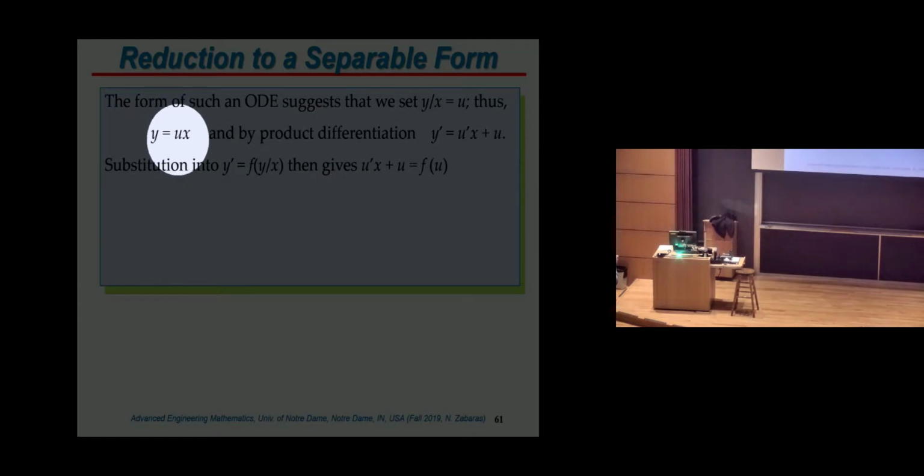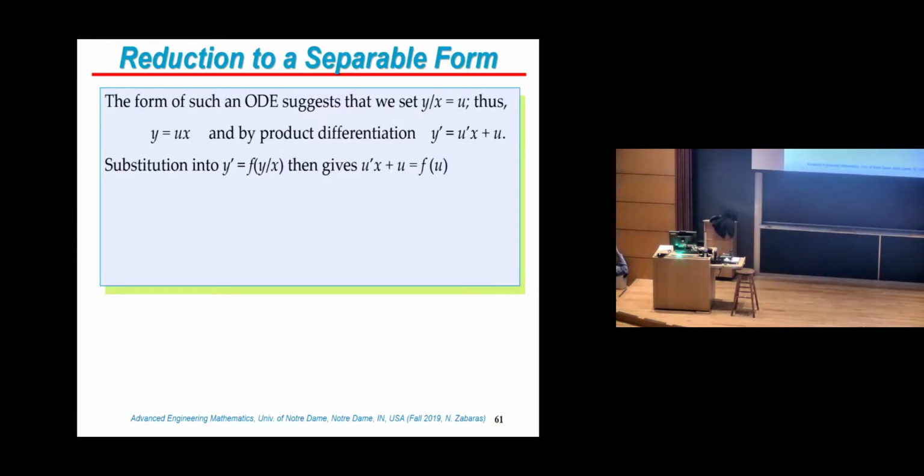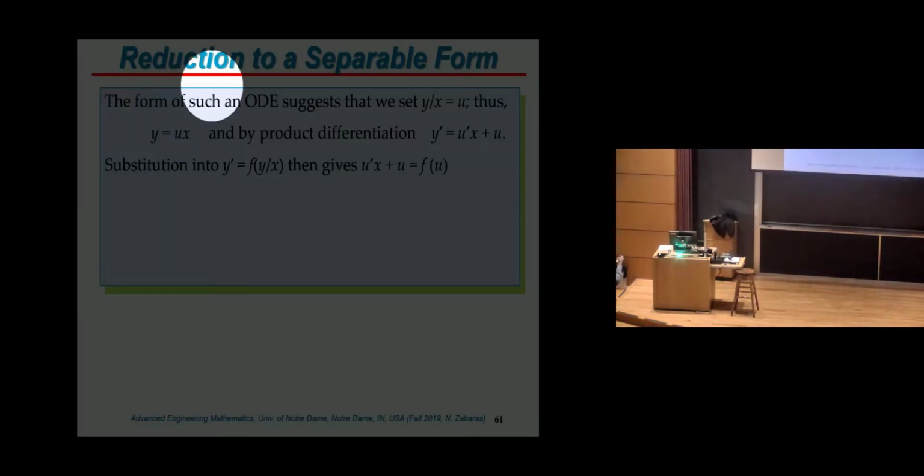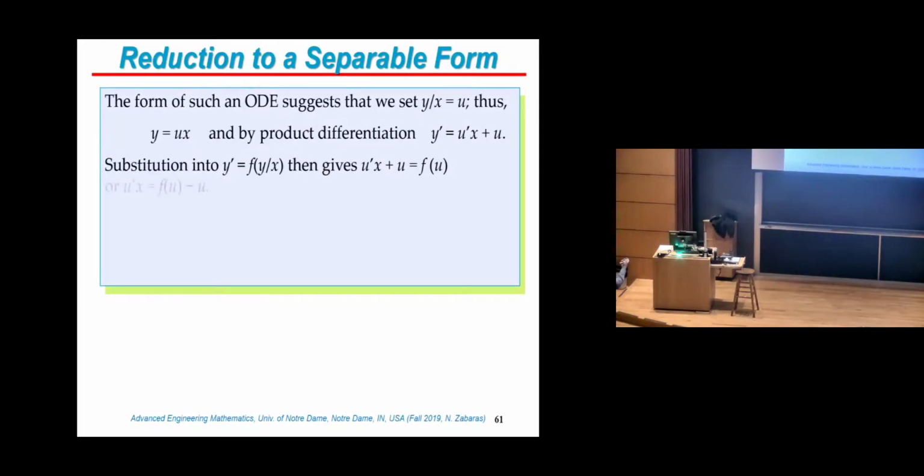Obviously u is a function of x, because y is a function of x. If I take derivatives, y prime will be u prime times x plus u. We agree? If you plug this into the original equation, you have u prime times x plus u equal to f, since the differential equation is f of y over x, which is f of u. And that equation is now separable.